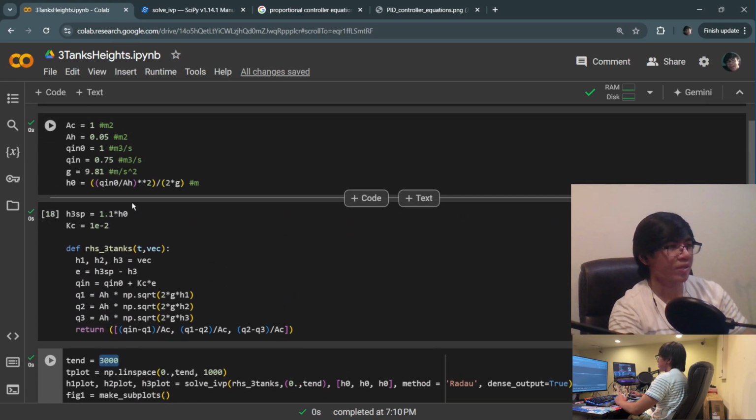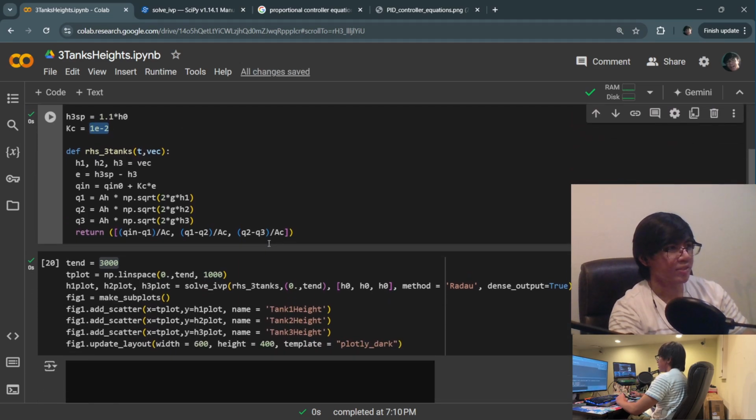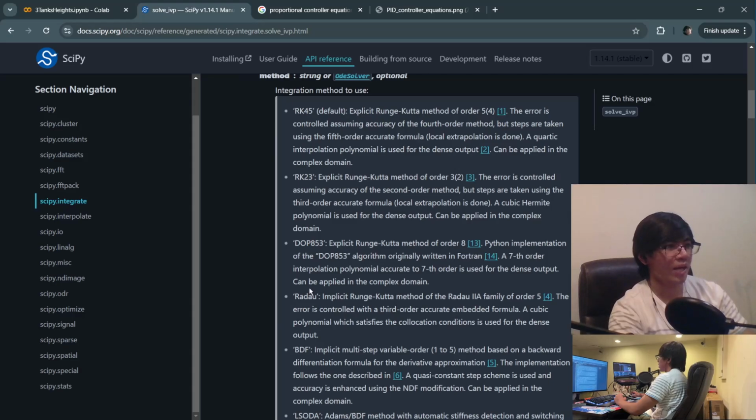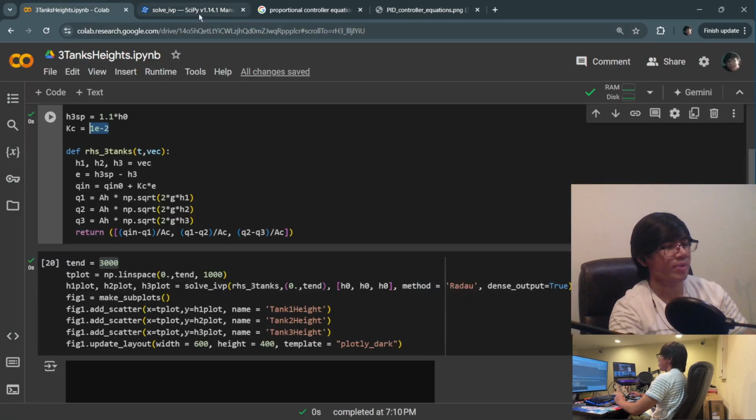We can also keep changing our proportionality constant to see where the method of Radau hits its limit. To give context, Radau is the most accurate integration method for solving differential equations that solve_ivp has.